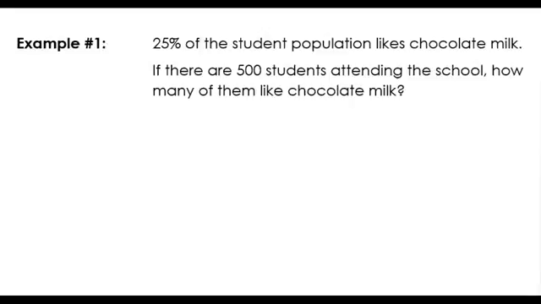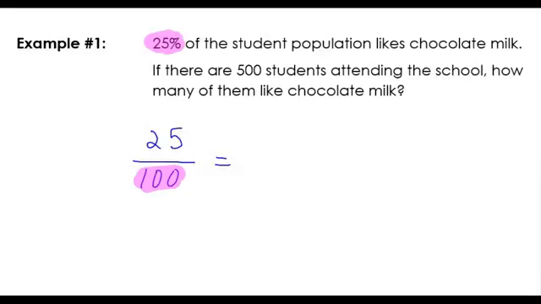All right, so when I look at this, I know that 25% of the students like chocolate milk. So that really means that I have 25 out of 100 students that like chocolate milk out of every 100. But the reality is that there aren't only 100 students in the school. If there were exactly 100 students, then 25 of them would like chocolate milk.